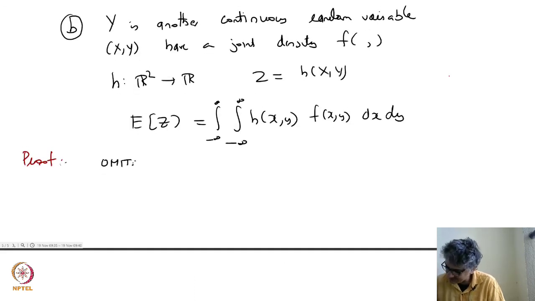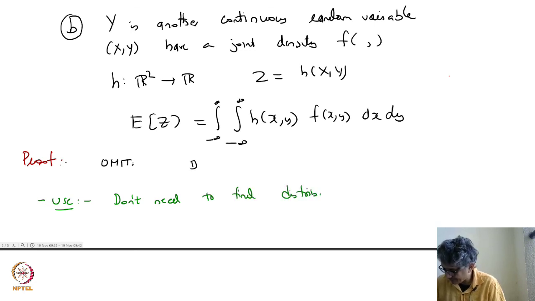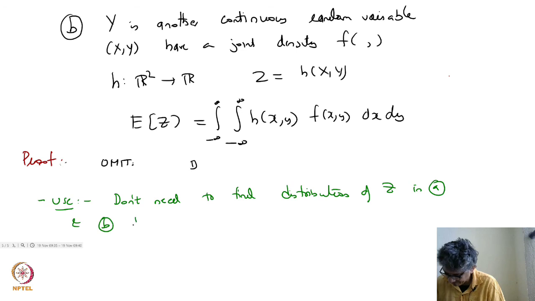The usefulness of this is the following: you don't need to find the distribution of Z in A and B to compute the mean. That's the punchline of this.